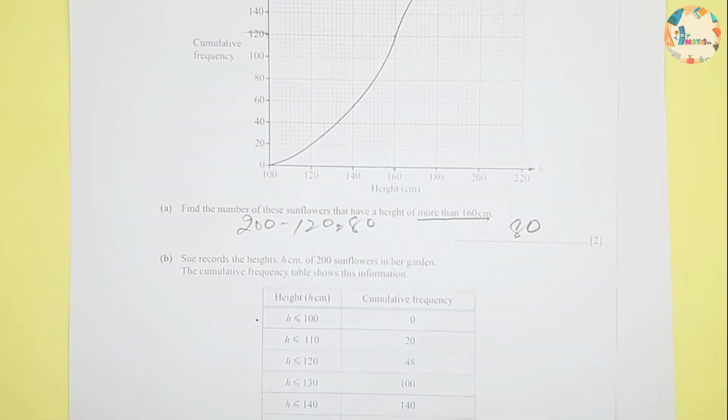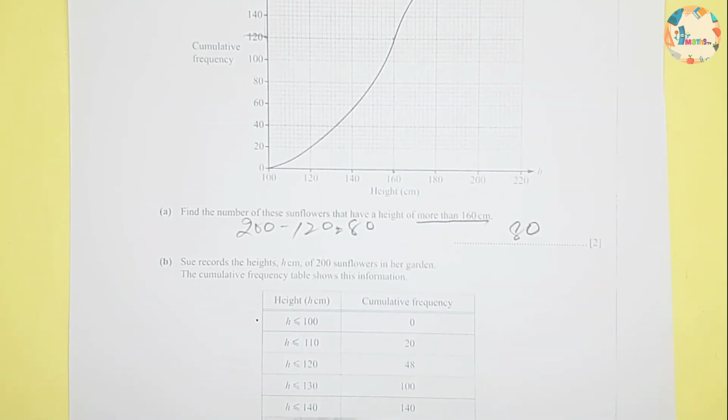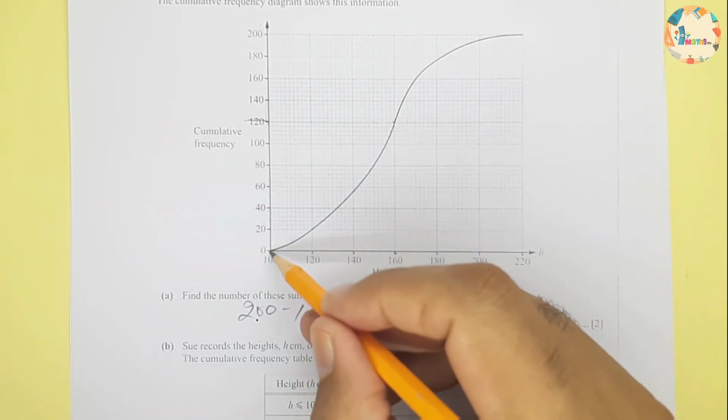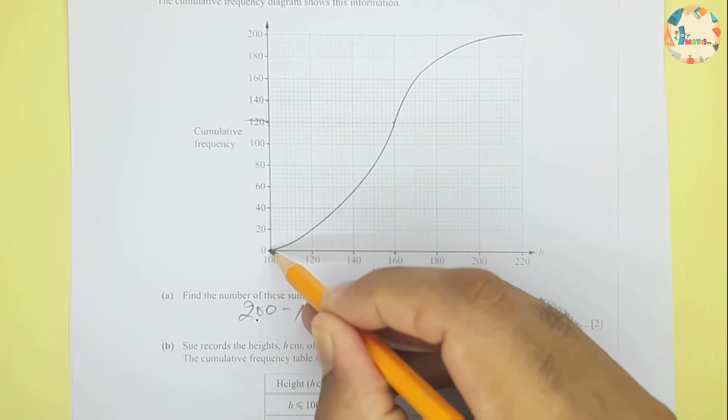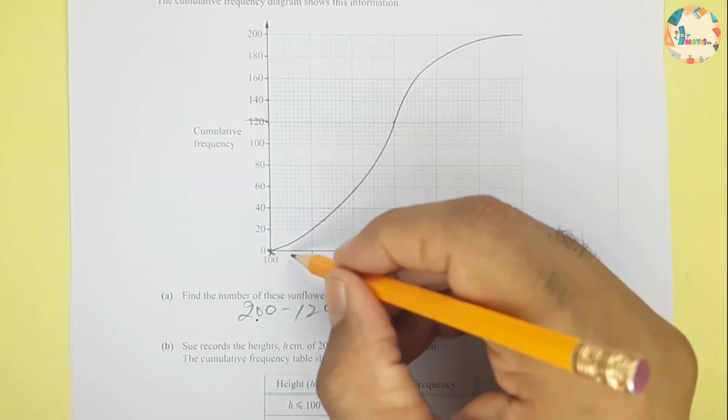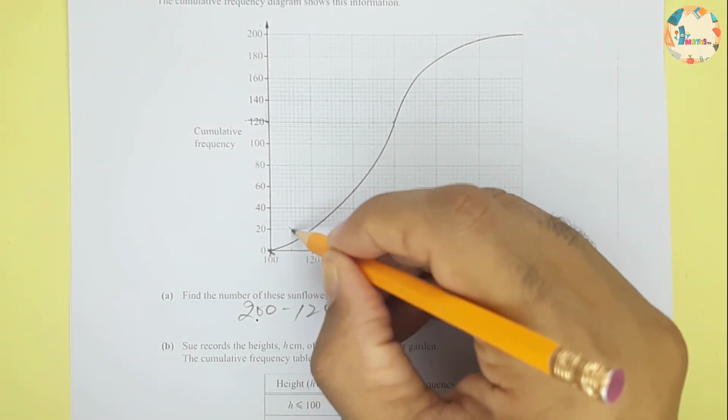Less than 100 is 0, so this will be this point, and less than 110 is 20, so 110 is 20 over here.